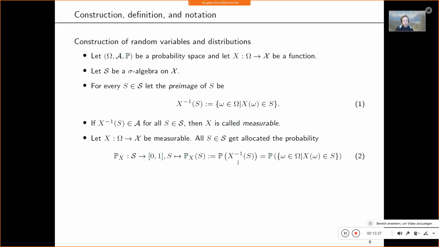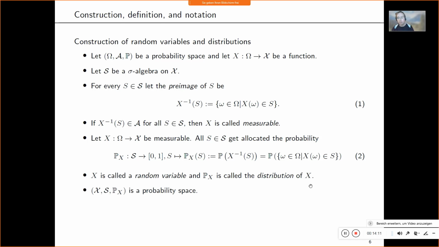So either we write it as the probability of the pre-image of S, or we write it as the probability of those omega in Omega which are mapped by the function X onto elements in S. And in this construction, the function X is called a random variable, and the measure that we just defined by means of essentially the original probability measure on the original probability space, this new measure is called the probability distribution, or the distribution of X.